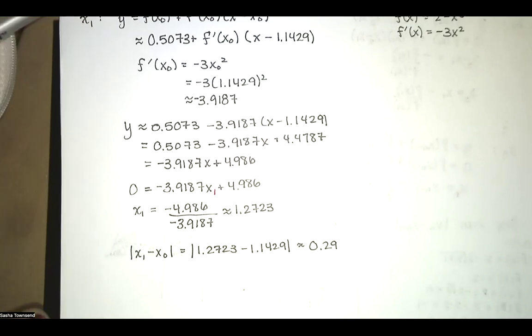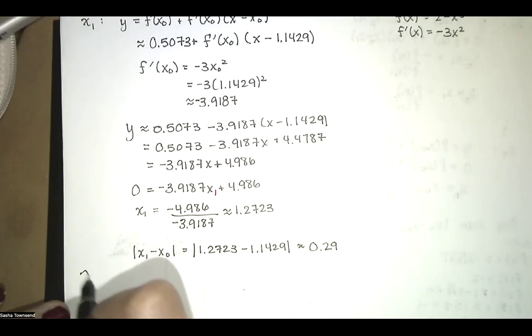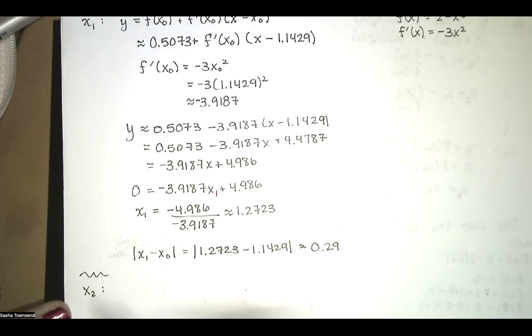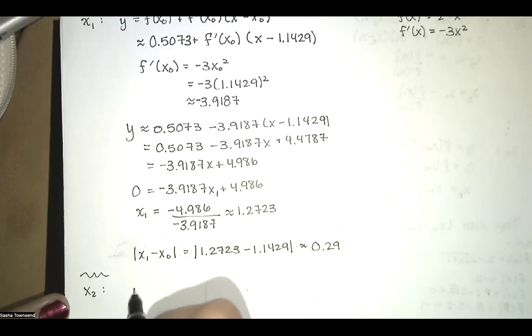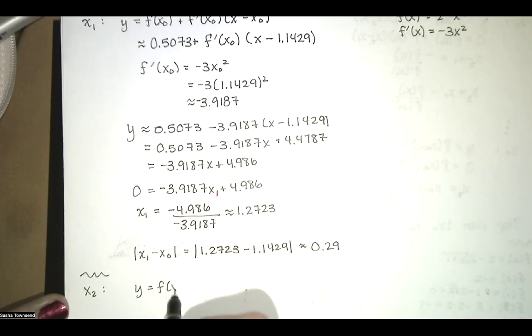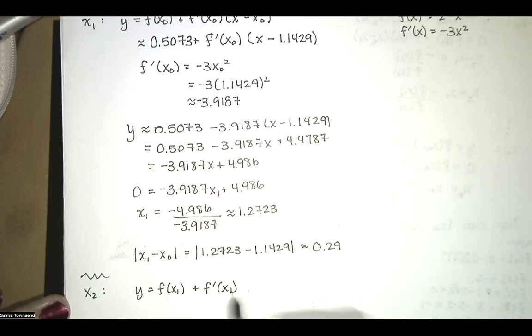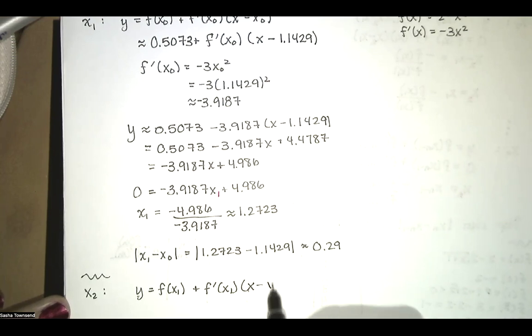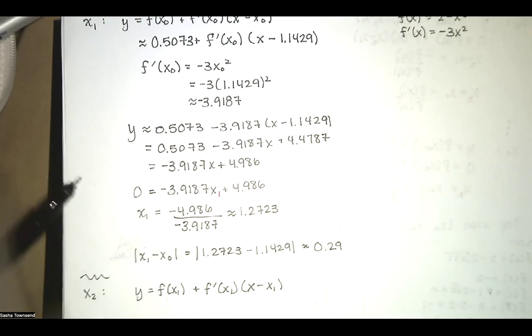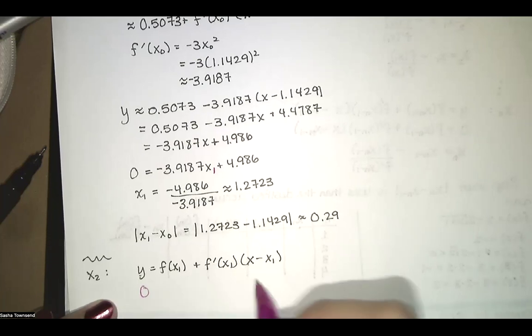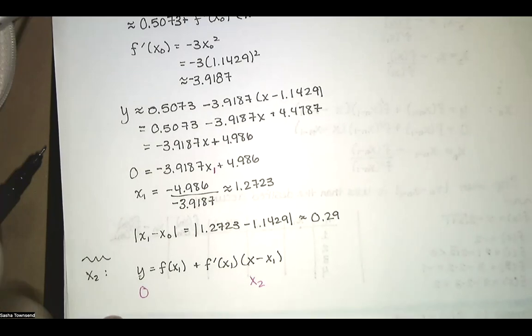So what we want to do is find that tangent line again. To find x2, that's our next guess, we'll find the tangent line at x1. So y is equal to the original y value at x1 plus the slope at x1 times x minus x1. And x2 is the solution of this equation when y is equal to 0. So we'll have 0 here and x2 here.